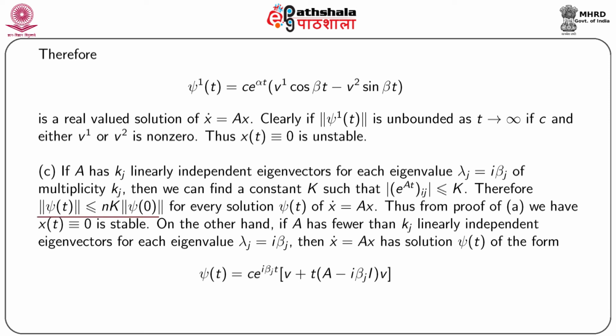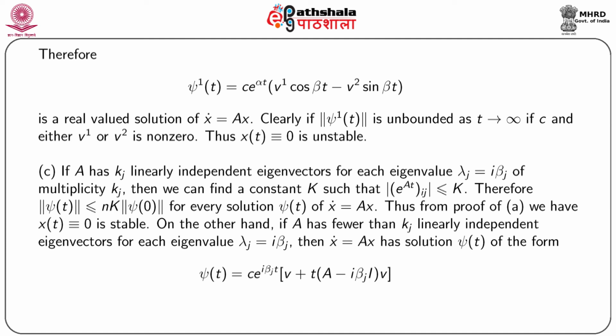Therefore, the norm of psi(t) is less or equal to nk times the norm of psi(0) for every solution phi(t) of x dot equal to Ax. Thus, from the proof of A, we have x(t) equal to 0 is stable.